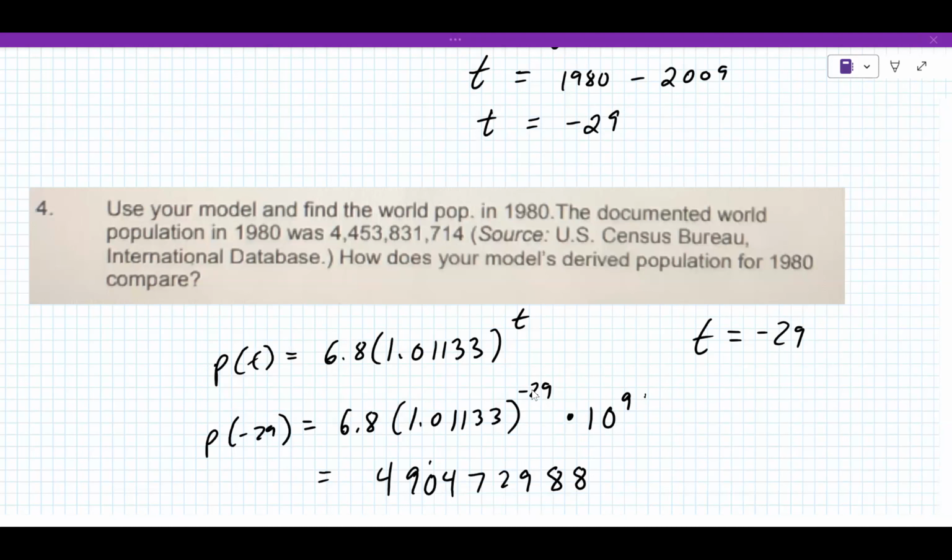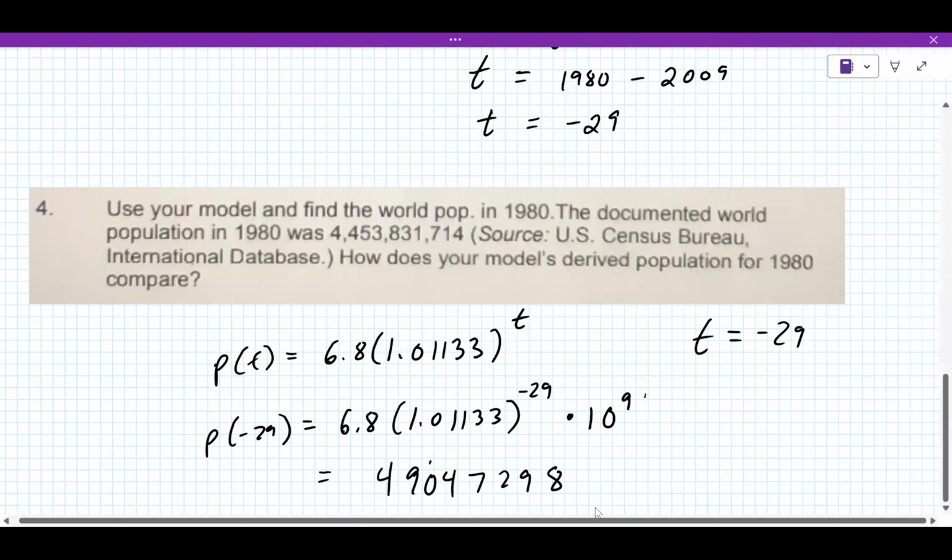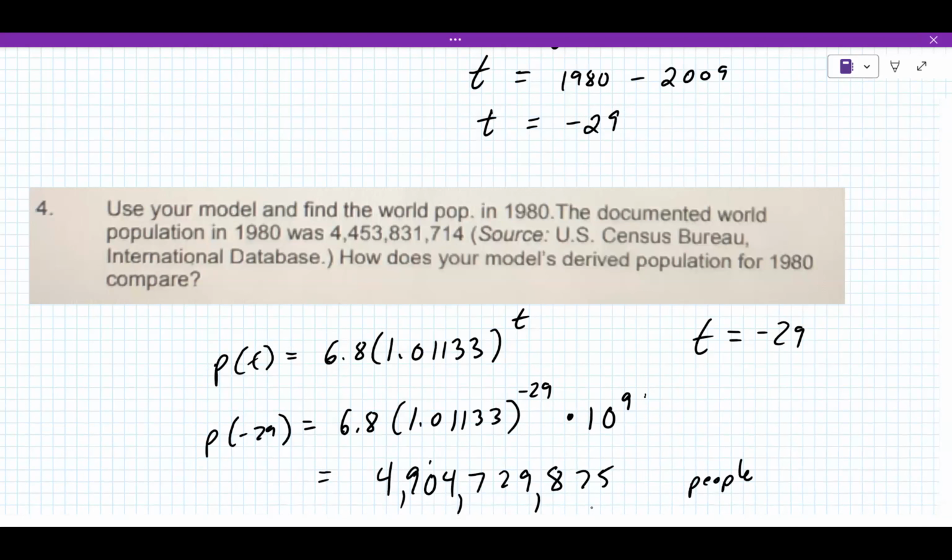Yeah, 875. Okay. So now we can put commas, and that's the actual number of people that our model is estimating.